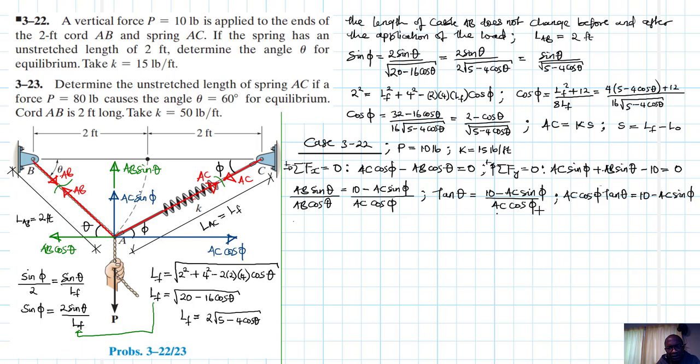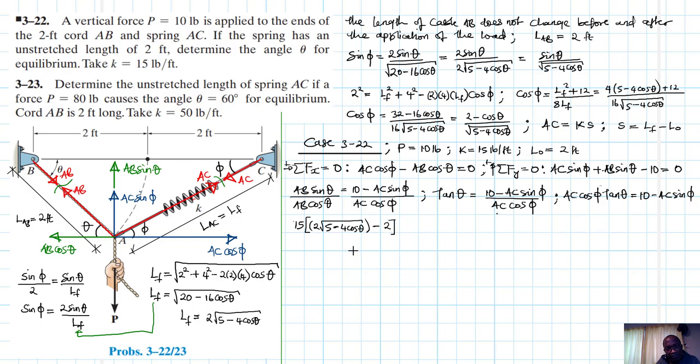Now let's simplify this. AC is just K, which is 15, times S, which is 2 root of 5 minus 4 cos theta, minus the unstretched length of the spring, L0, which is 2 feet, so minus 2, and then we close this.